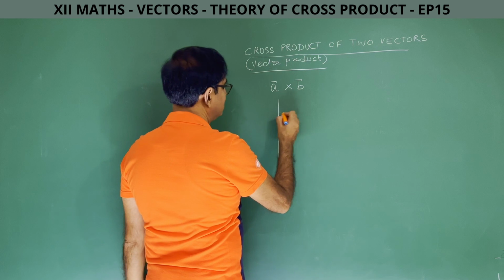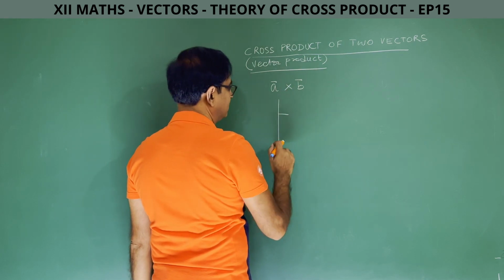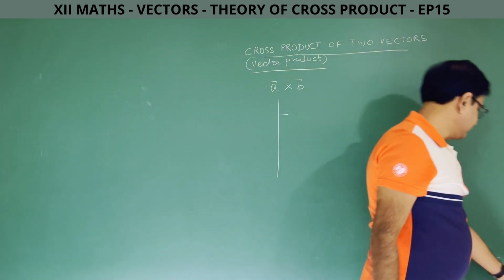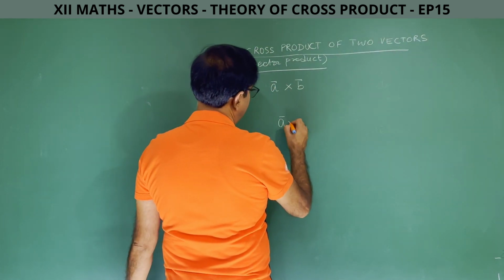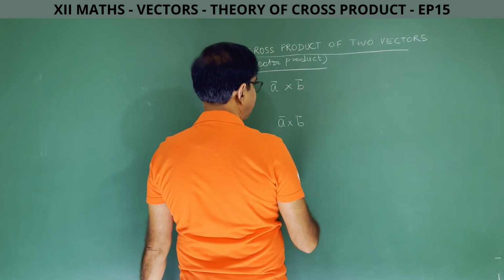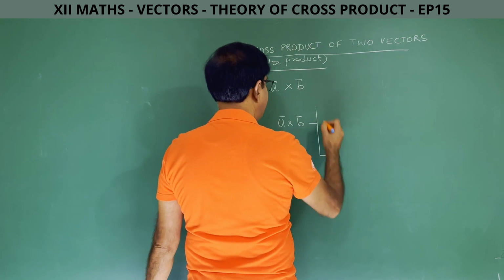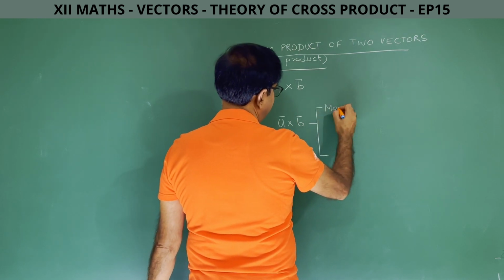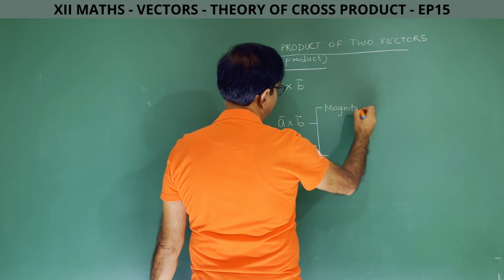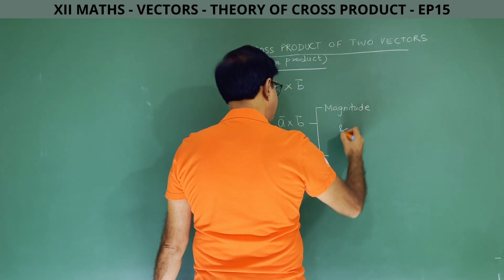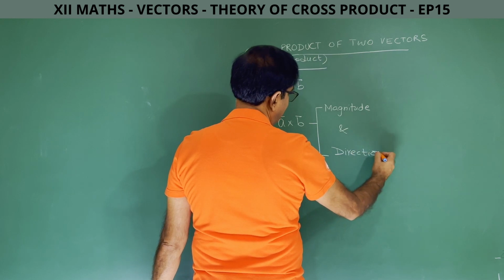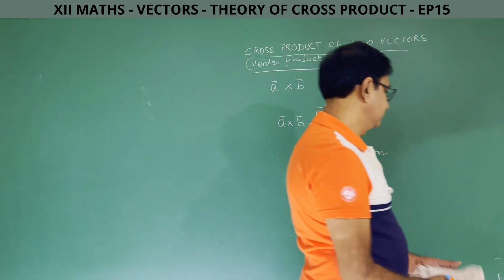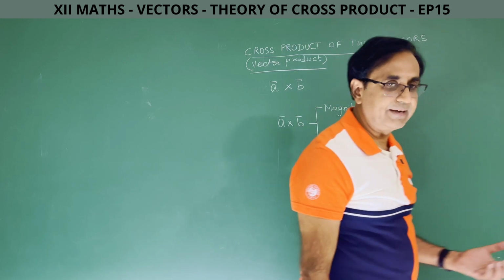Let me make a chart like this. A cross B will have a magnitude and a direction, because it's a vector product and the answer is a vector.